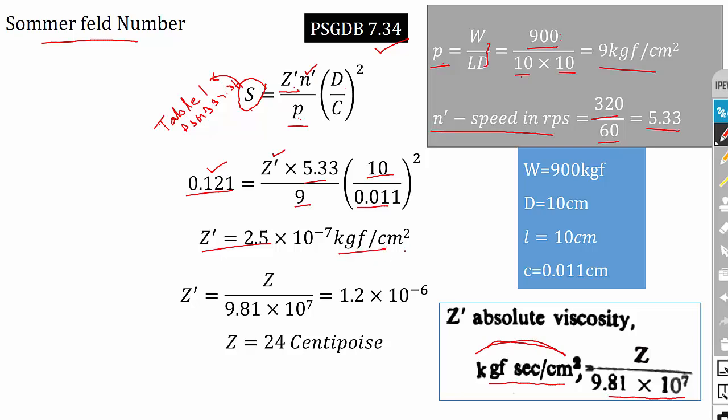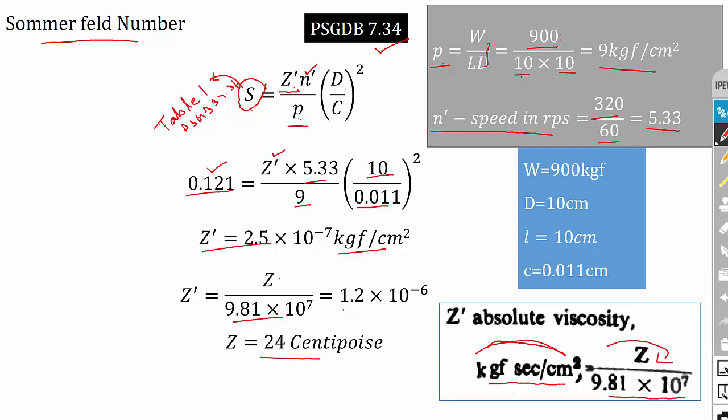But we need the Z value in centipoise to select the standard lubrication oil. So we can convert the Z dash value into centipoise using this relation: Z dash is equal to Z divided by 9.81 into 10 power 7. This relation is there in the data book page number 7.34.